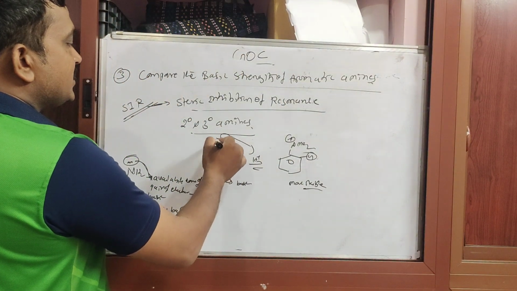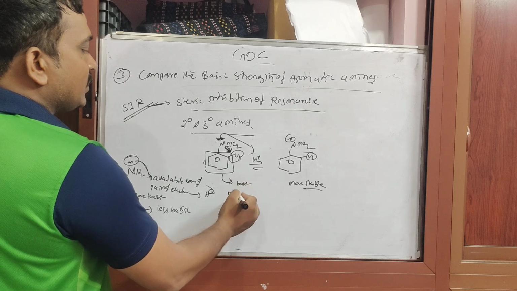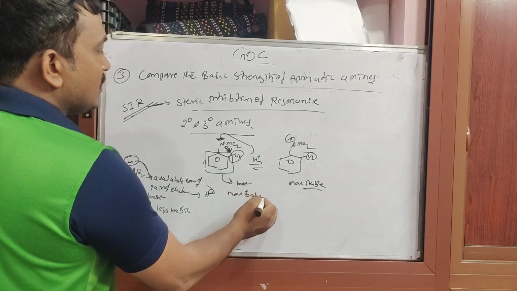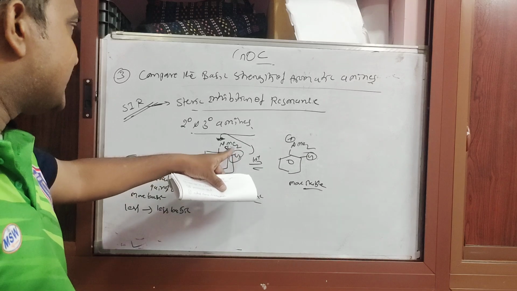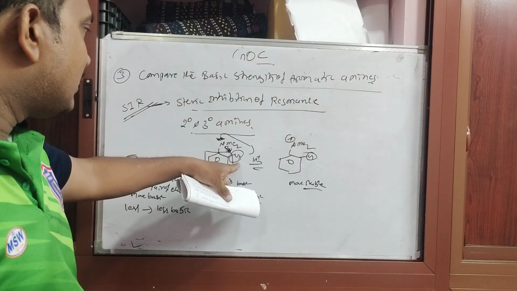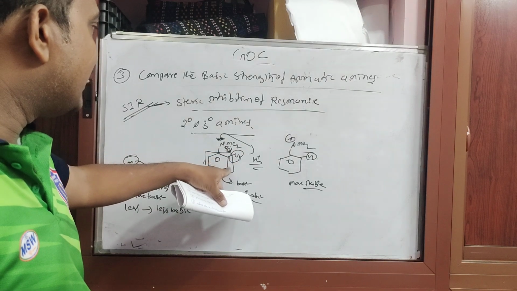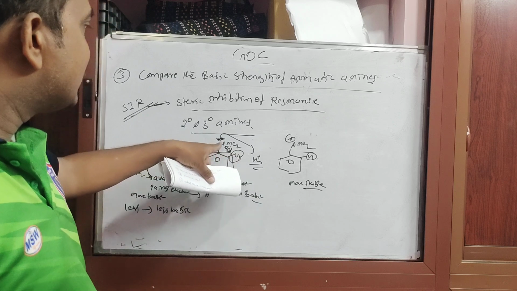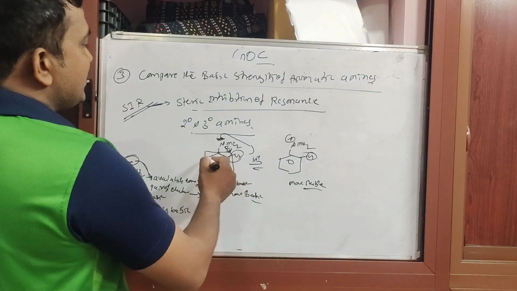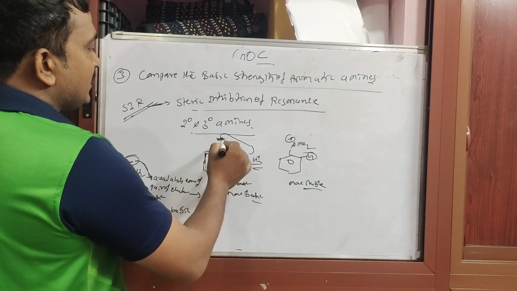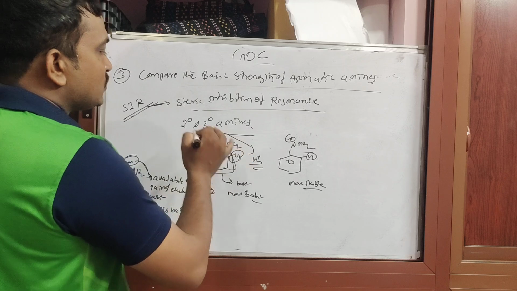This is more basic, the ortho substituted one. Due to steric hindrance, in ortho substituted dimethyl aniline, it will change the plane from the benzene ring. It will not donate electrons towards the benzene ring.